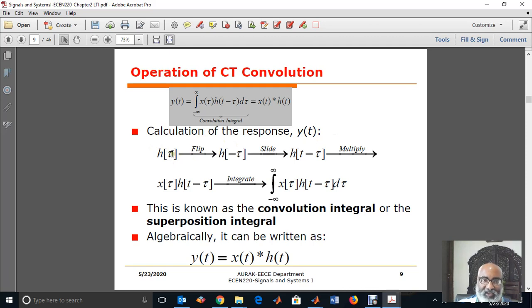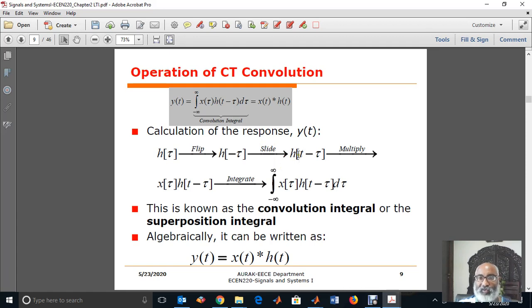After h tau, you flip h tau and you get h minus tau. How do you get it? You flip it, that means you make the y-axis a mirror and swap the left and the right side. After that, there is time shifting by t.